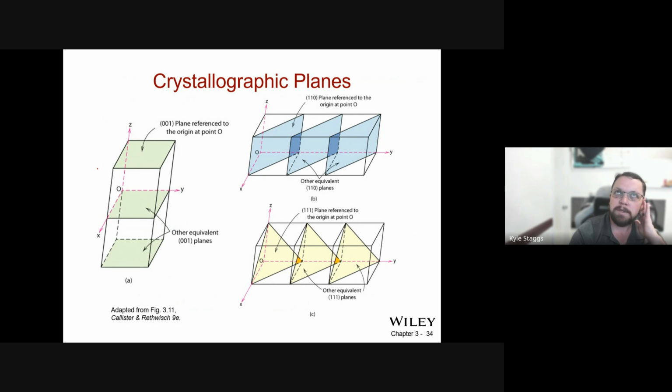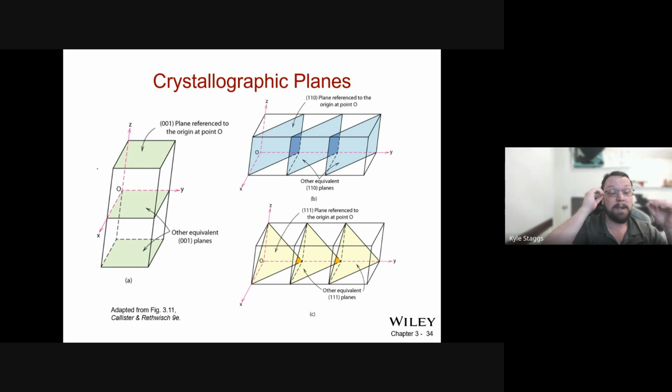But let's take another look at planes now, which are different from the crystallographic coordinates and the coordinate vectors. These are crystallographic planes, so these are how the crystal planes are oriented relative to the unit cell. A 001 plane is at the origin, but you can also have other examples of 001 planes anywhere throughout the z-axis, as seen in figure A on the left here.